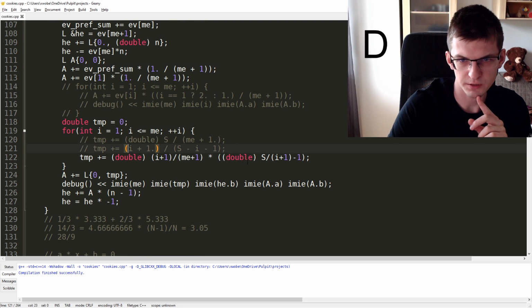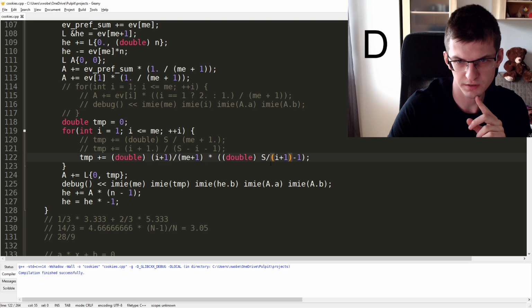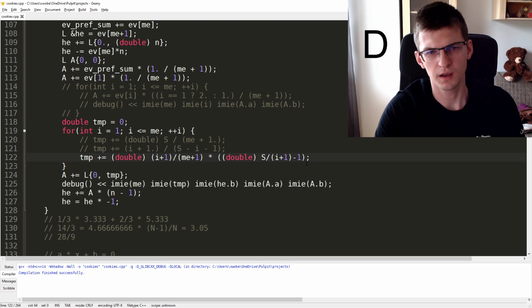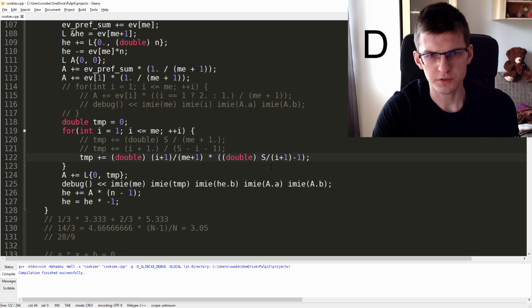How can I transform that? There is a constant, s over i plus 1, otherwise it is something easy. No, it's not a constant. But for sure it will be easy to do. Well, this is just related to i. I plus 1 is a constant.